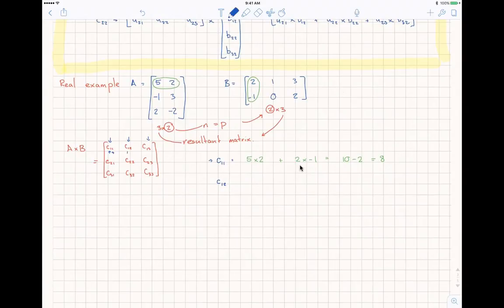Row 1 multiplied by column 2. Row 1 multiplied by column 3. So I'm up to C12, which means I'm using row 1 multiplied by column 2.